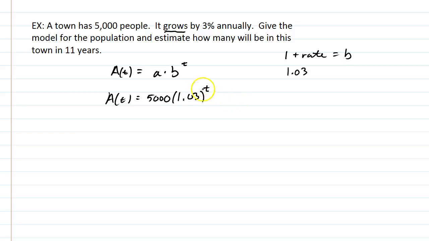Okay, this is our model. If we put in a time, it's going to be based off of, from now, how much we estimate the population will be. So, in the problem, they're asking us to estimate A11.